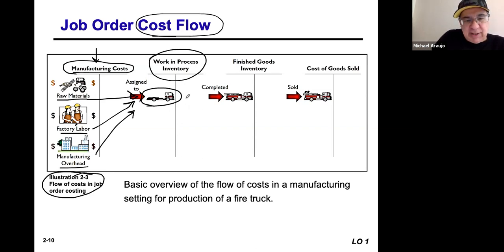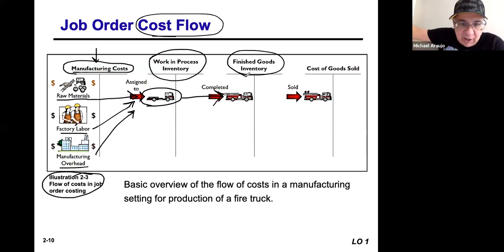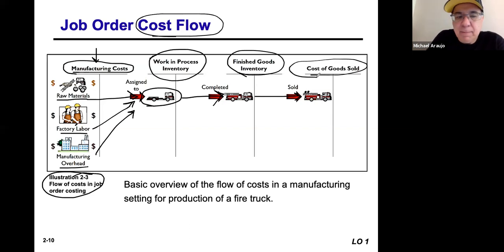Once the work in process is done, then those costs are assigned to the finished goods inventory, because now finished goods are goods that the manufacturer can sell to other businesses. And of course, once those are actually sold to other businesses, they're part of their cost of goods sold. They become expensed. Okay. Now that's important because these are all part of the subsidiary ledger for inventory.